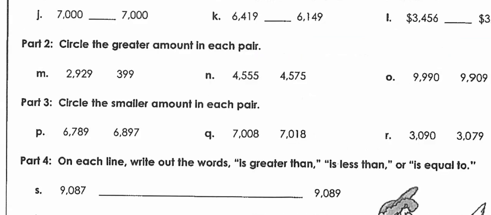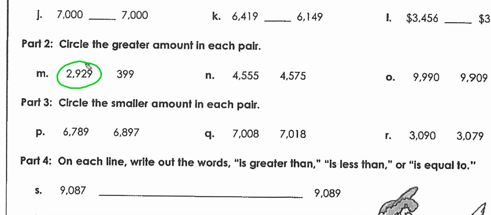On part two, it says circle the greater amount in each pair. So look, in letter M, I have 2,929, and then I have 399. Just by looking at this, I know that 2,929 is actually greater. Part B says circle the smaller number.